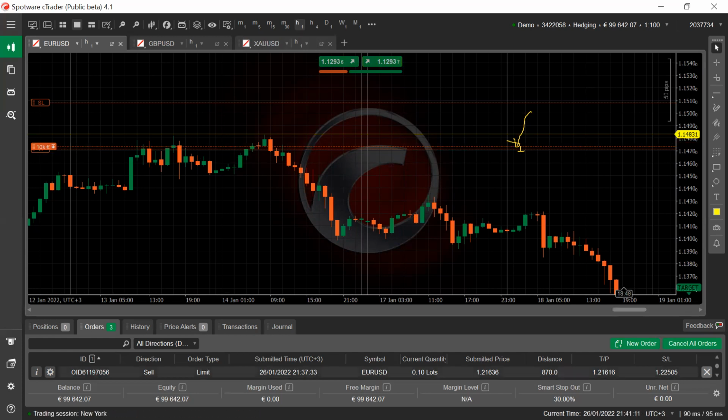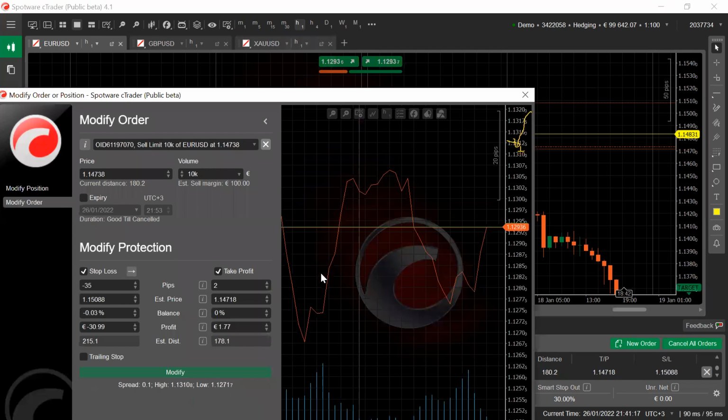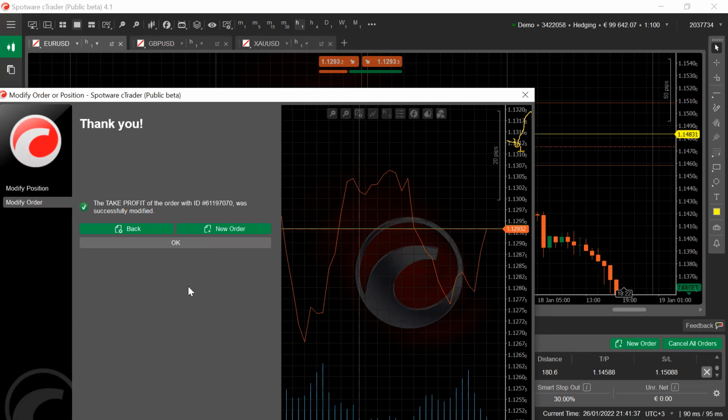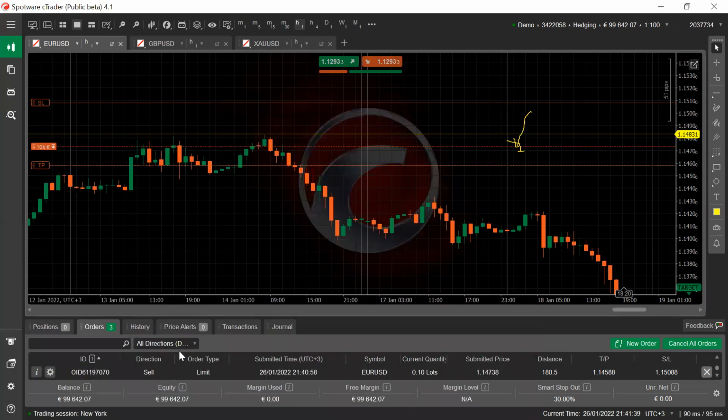I need to change that from 2 pips to 15 pips. I don't know why I didn't change it. Maybe I didn't save it. So I've changed that.